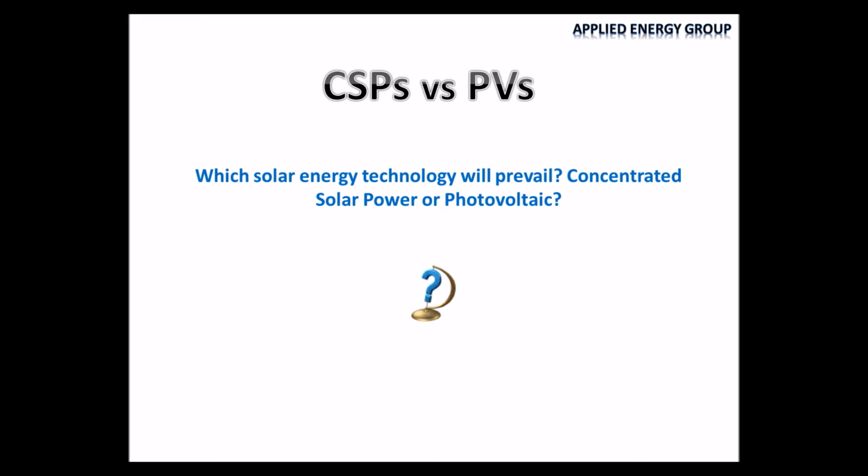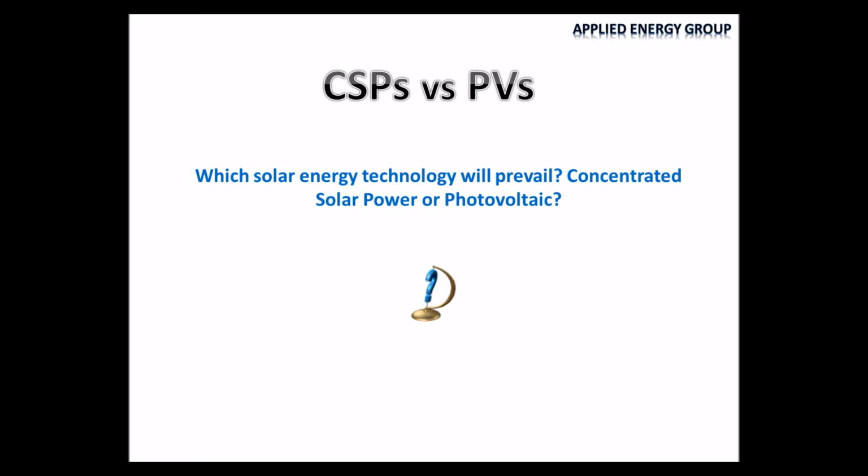In fact, there is no general answer to this question. To answer, at least we need to define the application and the size, for example, and from which perspective we will use this technology, such as efficiency, storage, economic performance, and so on.